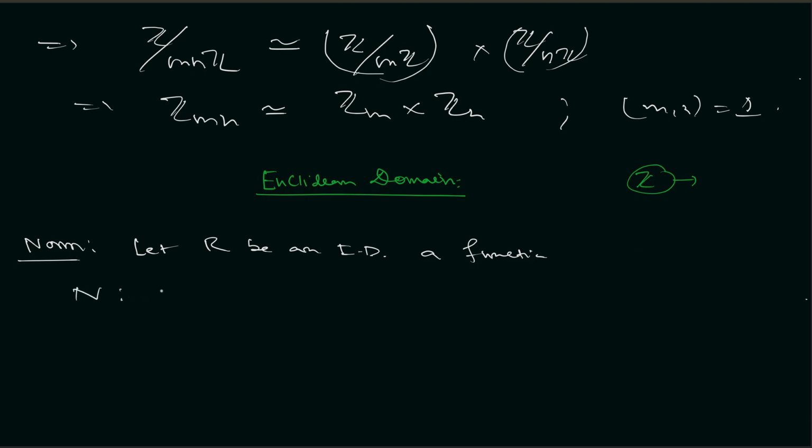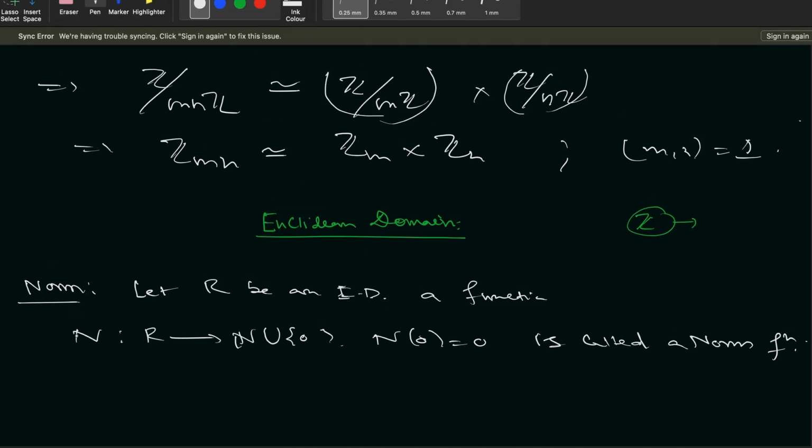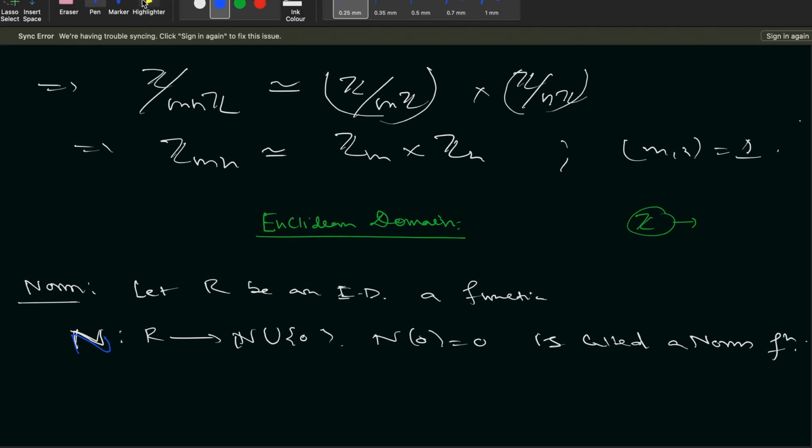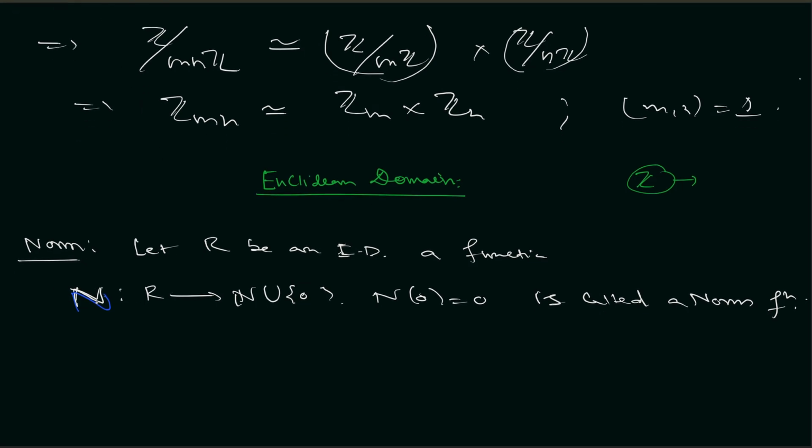A function n from R to the natural numbers union 0, with n of 0 equal to 0, is called a norm function.